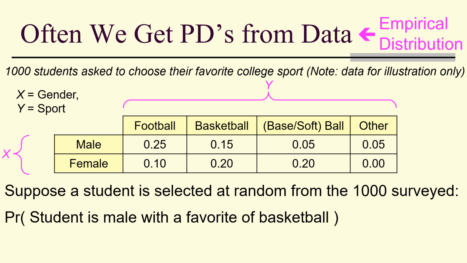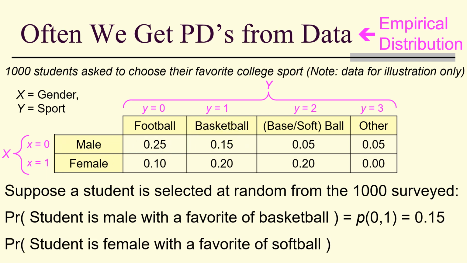The probability that a student is a male with a favorite of basketball, so that's going to be the function notation P of (0, 1), and we can see that's 15%. The probability that the student is female with a favorite of softball, well, that's P, function notation, (1, 2), and we can see that's 20%.